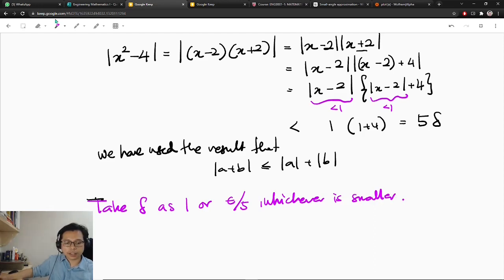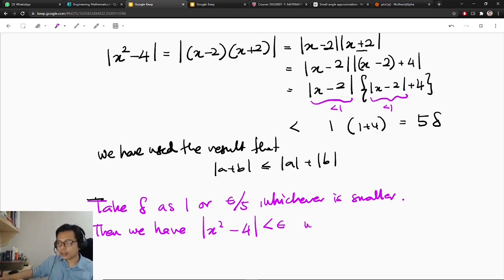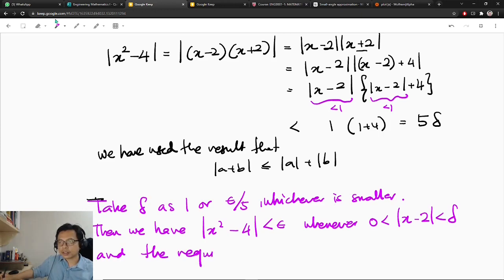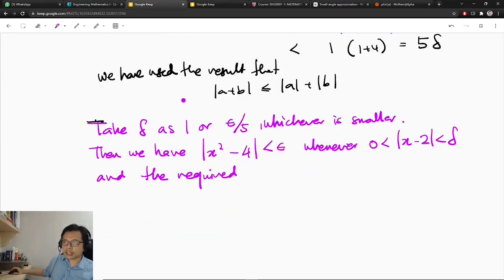Then we have the absolute value of x squared minus 4 less than epsilon whenever 0 is less than the absolute value of x minus 2, less than delta, just what we had before. And then the required result is proved.